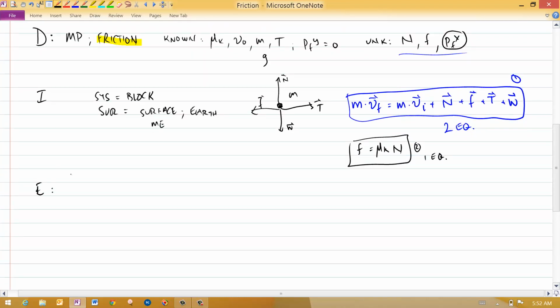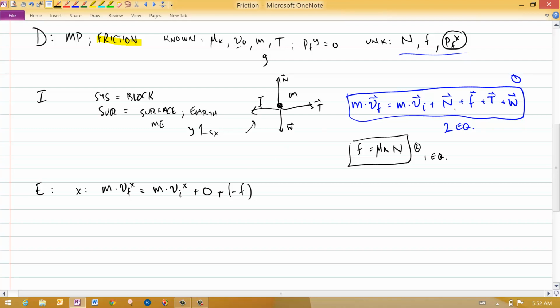So if I look at the x component of equation 1, I have m times v final x is equal to m times v initial x, which is given, so I'll put that in a second. I add to that the x component of the normal force, which is 0. Then I add the x component of the friction force, which is minus f, because the friction force points in the minus x direction.